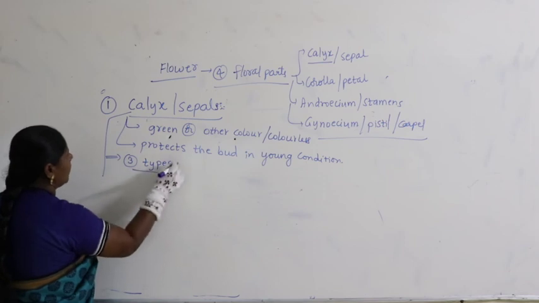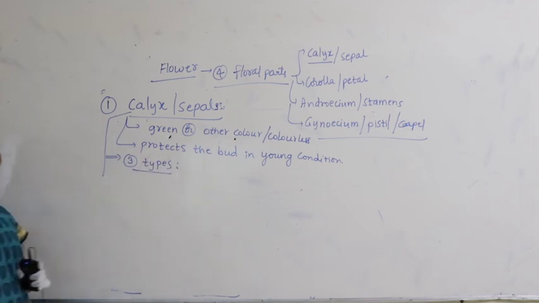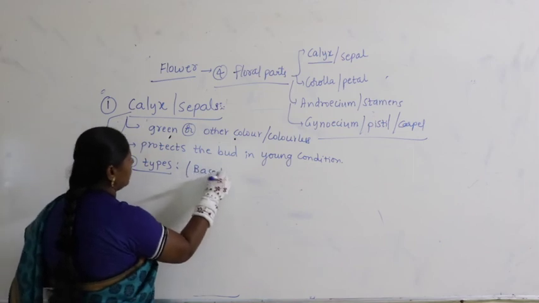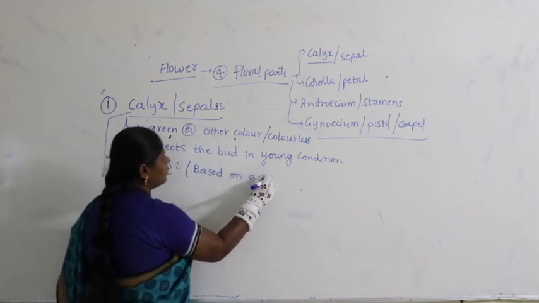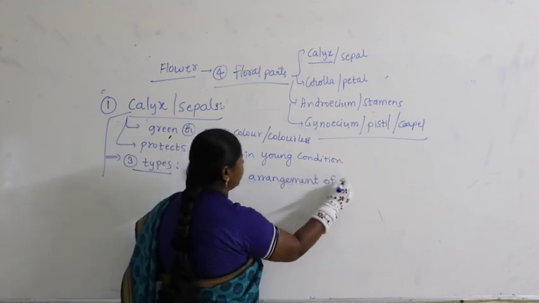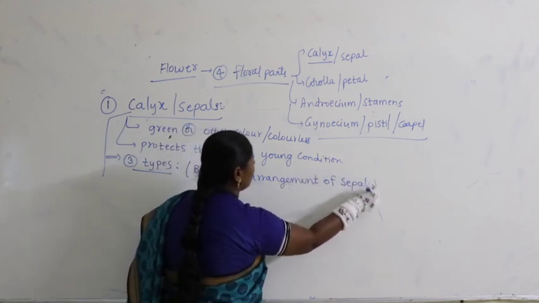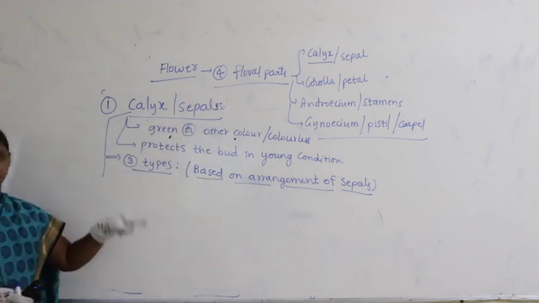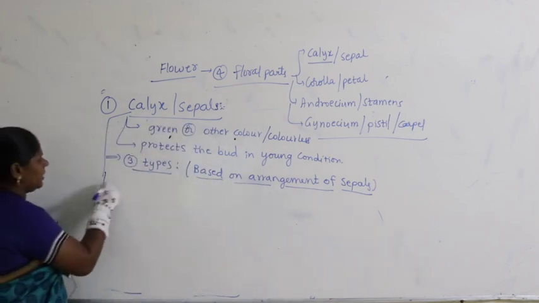What are the 3 types of calyx? Based upon the arrangement of sepals. The sepals together are called the calyx. Very clearly, when you look at the arrangement of sepals, they are of 3 types.